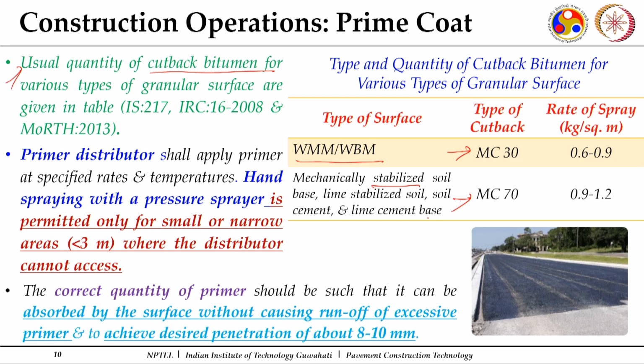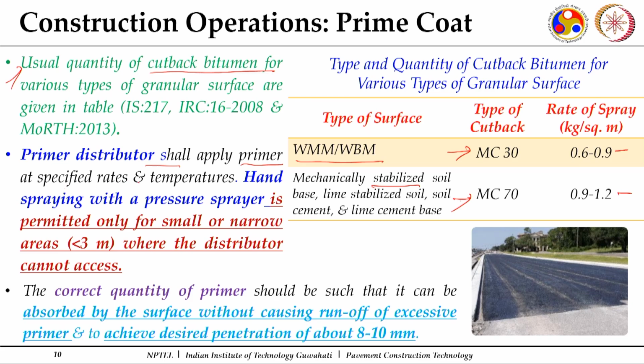The grades are specified, MC30, MC70, and the quantities are also specified, to be applied as a prime coat if we are making use of cutbacks. And as mentioned, the primer distributor shall apply primer at a specified rate.